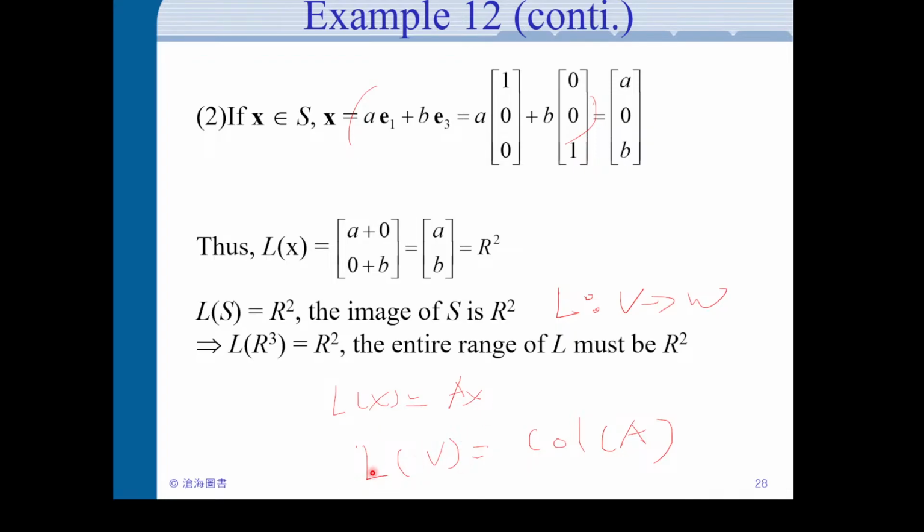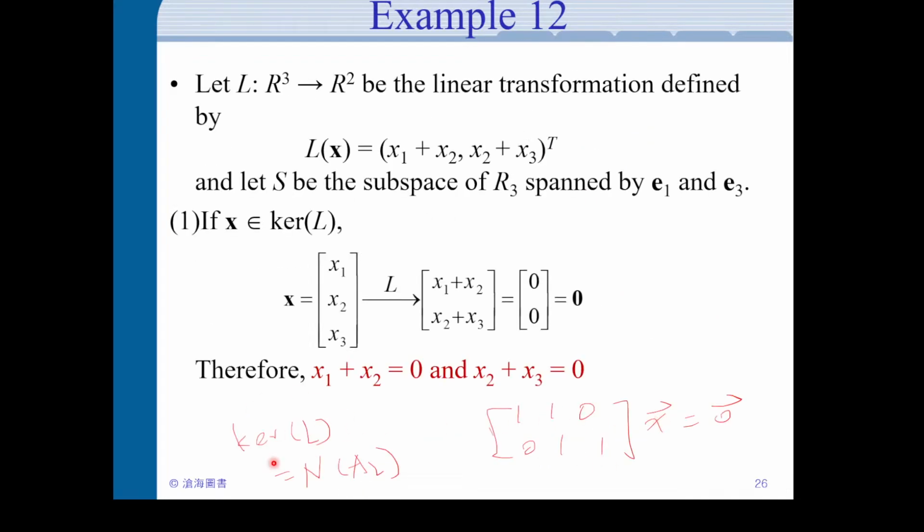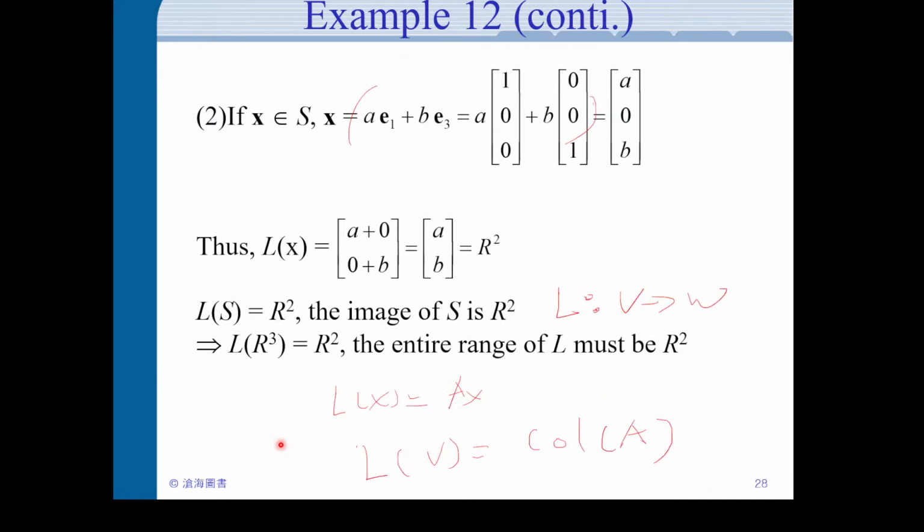The range will be the column space, and the kernel will be the null space. Okay, but that's a bit of a spoiler. We can try to remember them later.